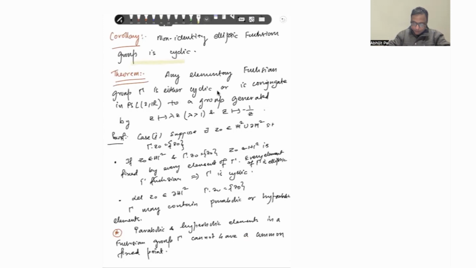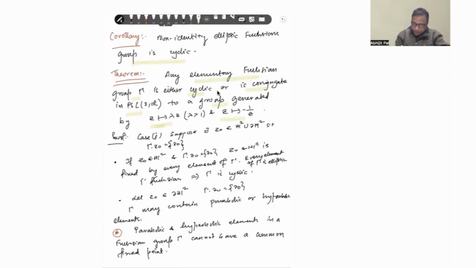Now the next theorem states the following. This is also a very important theorem, as it classifies all the elementary Fuchsian groups. Any elementary Fuchsian group gamma is either cyclic or is conjugate in PSL2R to a group generated by the hyperbolic isometry z goes to lambda z, where lambda is greater than 1, and the map z goes to -1 by z.